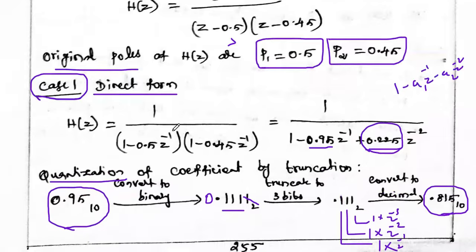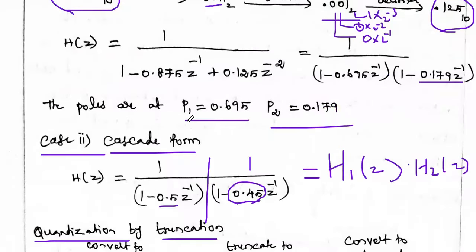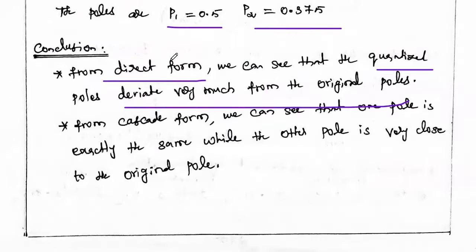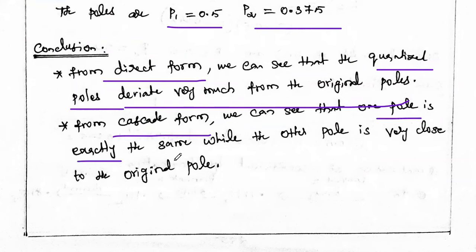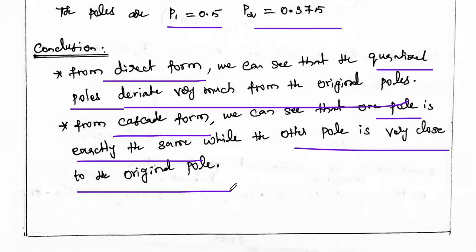In direct form realization, the poles are 0.695 and 0.179. But in cascade form realization, one pole is exactly in the same location, and the other pole is very close to the original pole.